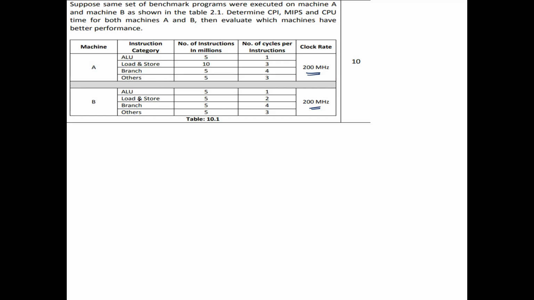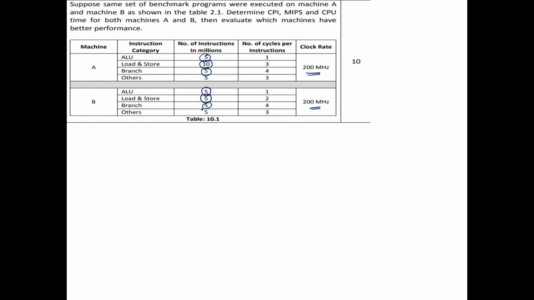Here also we have ALU, load store, branch instructions. But how many instructions are there? There are 5, and here also 5. Here there are 10 million load store instructions, but here we have only 5. Here branch 5, here also branch 5.